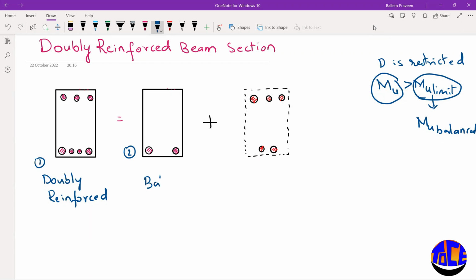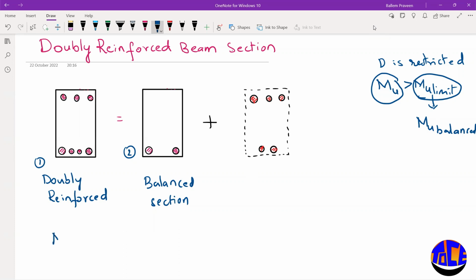This is a balanced section. So whenever the moment exceeds the balanced moment or limiting moment, then we'll go for the doubly reinforced section.